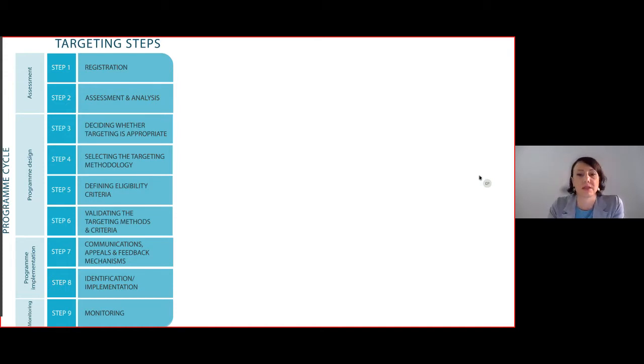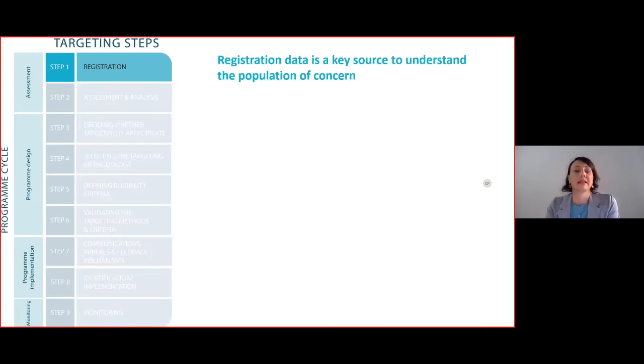When we talk about targeting, that is the registration. Registration data is a key source to understand the population of concern. As mentioned before, registration is a process of recording, verifying, and updating information of a defined population to register them for assistance or for protection concerns or for any other purposes.